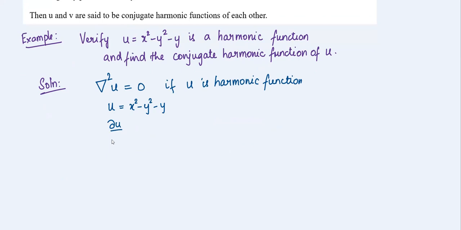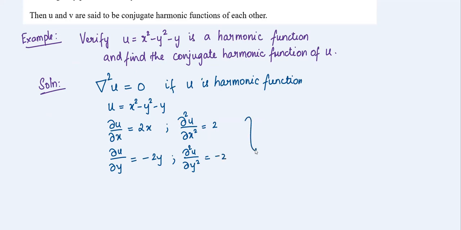Dou u by dou x is 2x, and dou square u by dou x square is 2. Dou u by dou y is minus 2y, and dou square u by dou y square is minus 2. Therefore, dou square u by dou x square plus dou square u by dou y square is 2 minus 2 equal to 0.